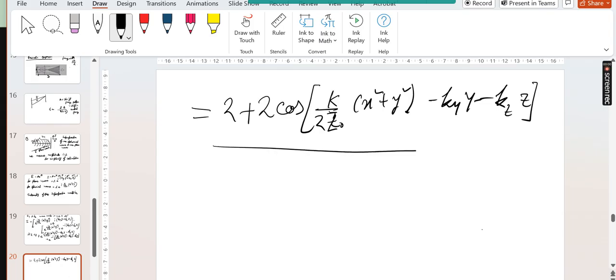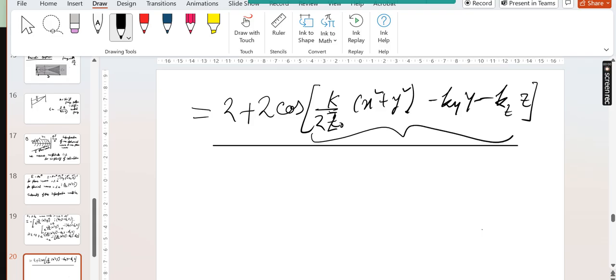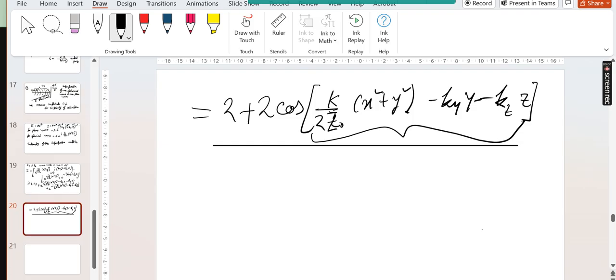So this will be the intensity, and we can say this is the phase of the interferometric term, or we can say that this is the phase basically, because only the interferometric term has the phase.